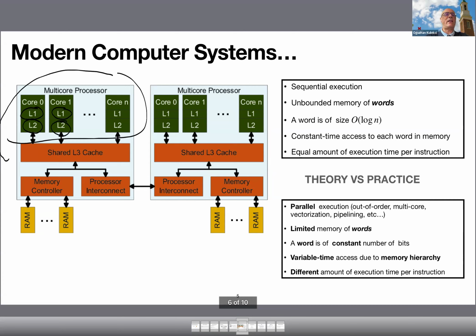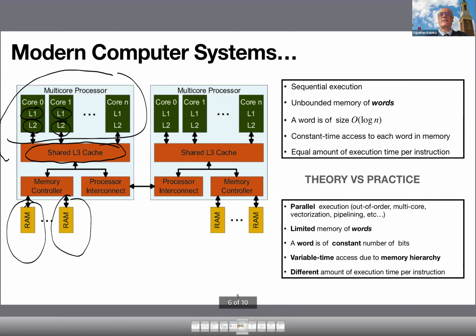So we call these the L1 and L2 caches. The cores in a CPU share another cache. So with cache, we mean some small amount of memory. And besides this L3 cache, we have the outside-the-chip memory banks. Okay, so these are DRAMs.